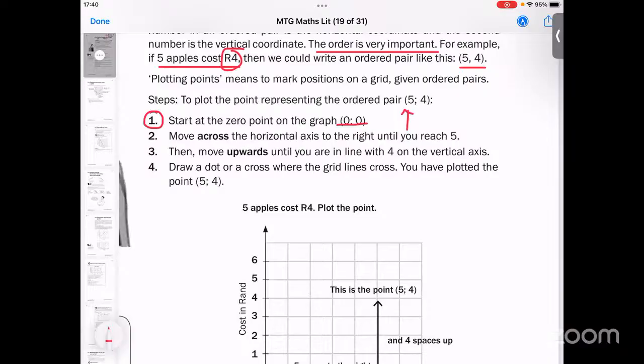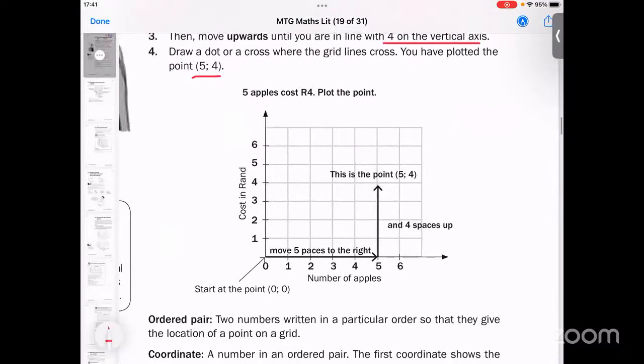Then move upwards until you are in line with 4. Yes, exactly what we have done, honorable member. Deal decisively with the x-axis, then you go for the y-axis. From there, you can draw a dot or a cross where the grid lines cross. And that way you have just plotted that point. Looks like exactly what I did, honorable member.